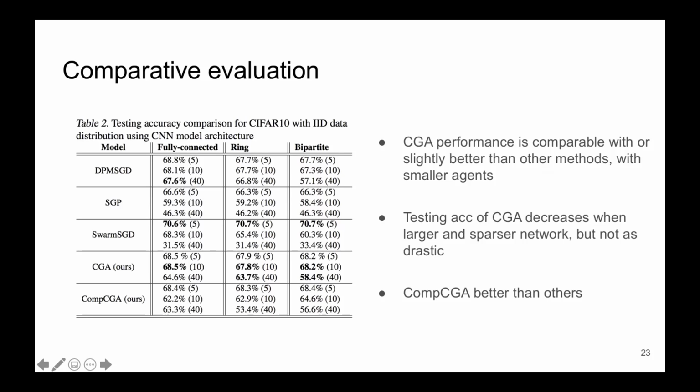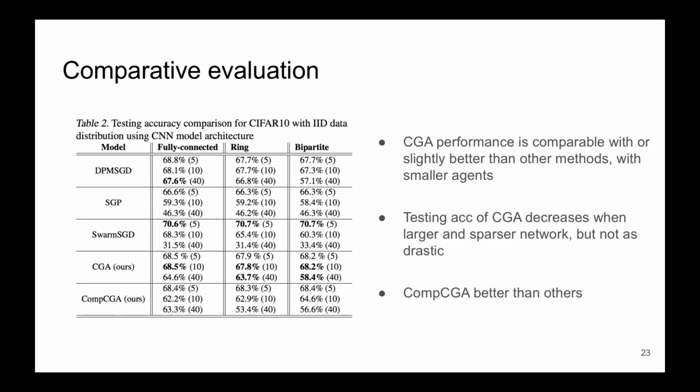You can see that the CGA they propose is comparable or slightly better than other methods in most cases, right? However, the testing accuracy for SGP and SwarmSGD with 40 agents, and also in the ring and bipartite graphs here, reduced a lot.